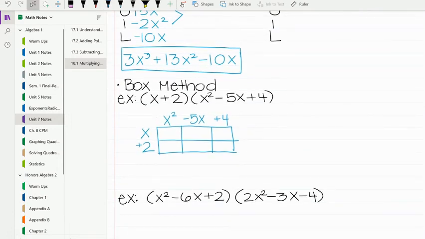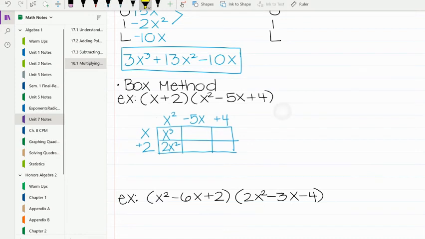So what we're doing is finding the area of each rectangle. So if we're looking at this one, we are going to multiply x times x squared, and that would give us x cubed. Now when we look at this one, the top, so technically the dimension would be 2 times x squared. So that would be 2x squared.